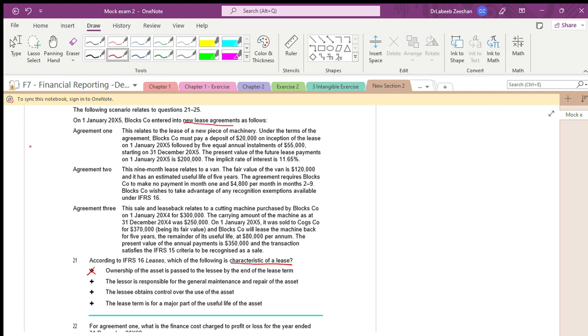Maintenance and repairs are yours, or they will give you petrol charges and all those things? No. The answer will be C: the lessee obtains control over the use of the asset.